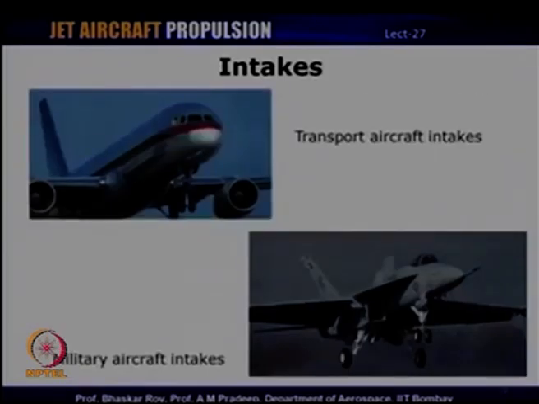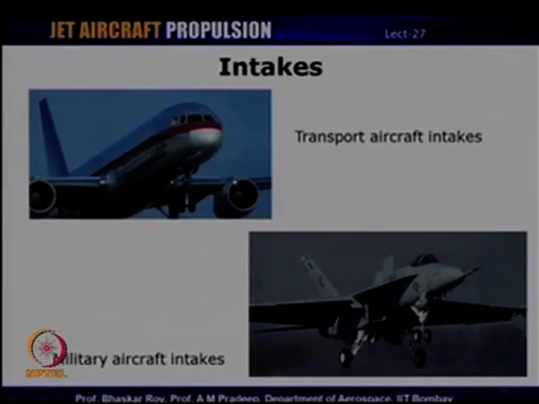The difference between the intakes used for civil aircraft and military aircraft would be clear from this slide here. This shows a typical transport aircraft, and these are the intakes that you can see here. What you see at the center is the hub of the fan, and this part of the engine is basically the intake of this particular aircraft.